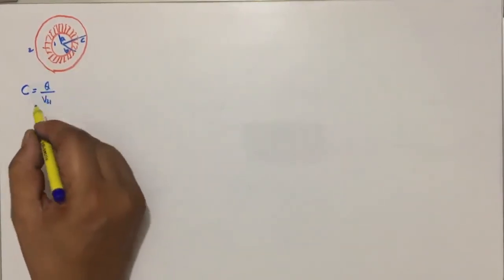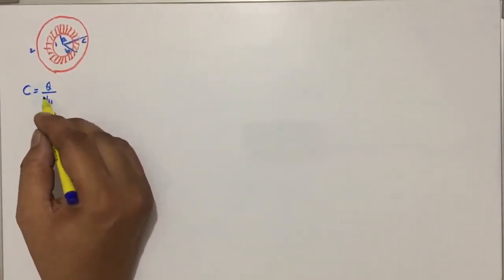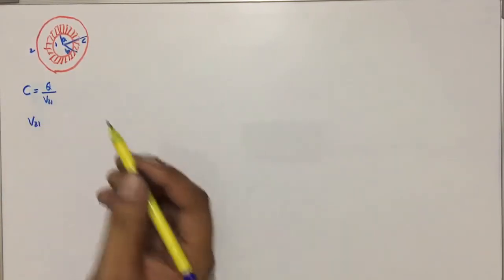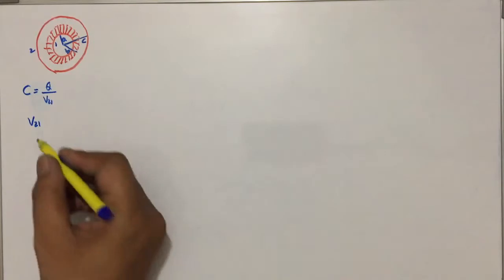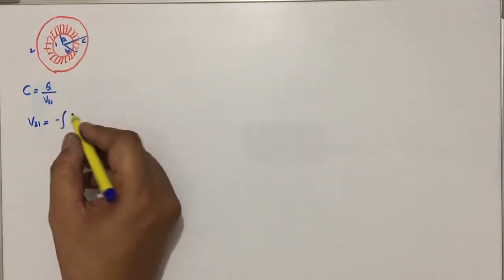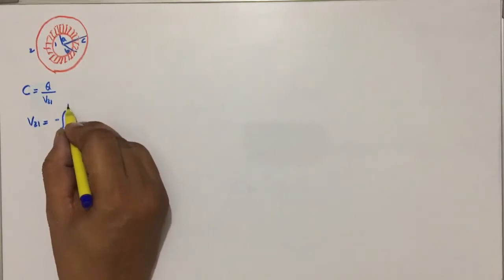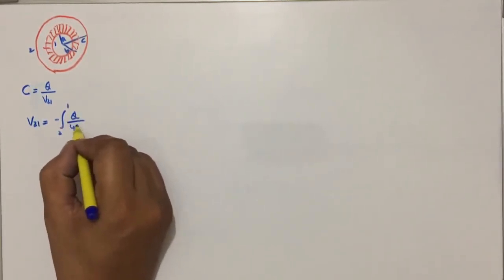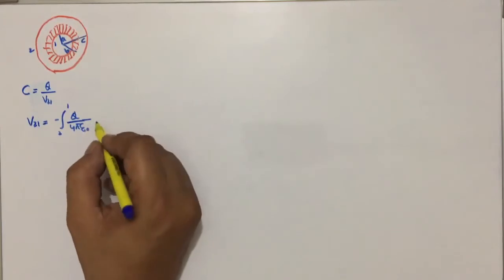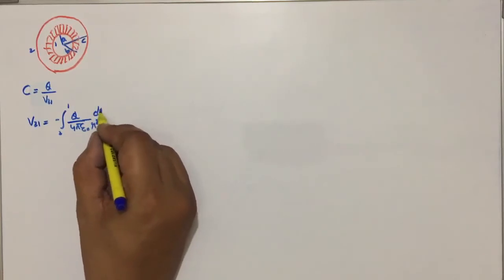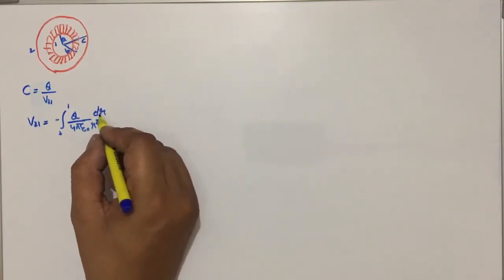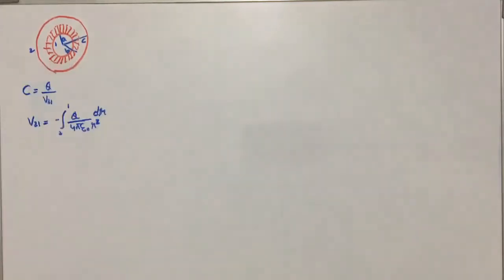To find C, V21 is important to know, and V21 can be found out in the simple way we have followed in previous cases: integral of q by 4 pi epsilon naught r square dr. We are not going to derive it again, we will just take it from the previous one. This was the derived final formula.